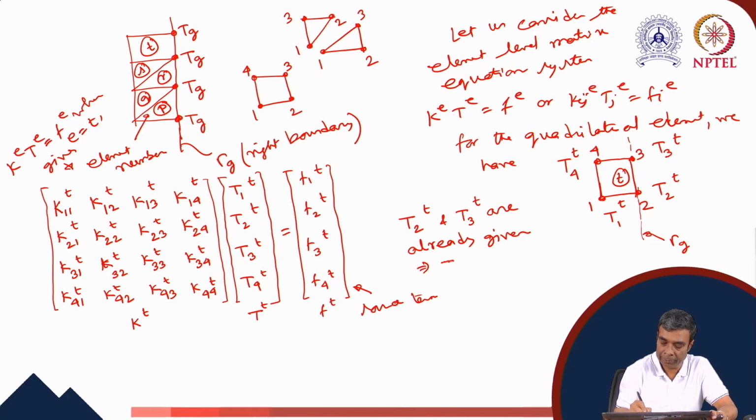This implies that T2T equals Tg and T3T equals Tg.